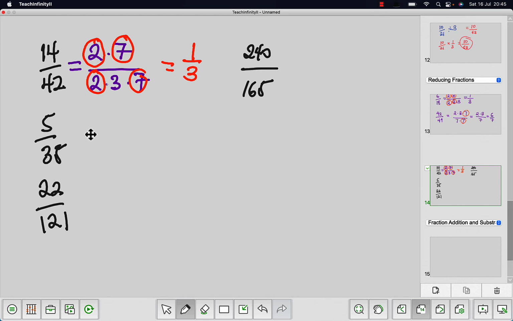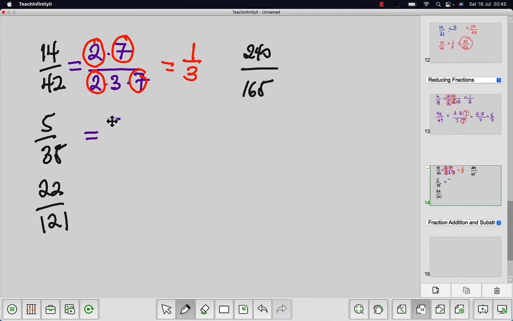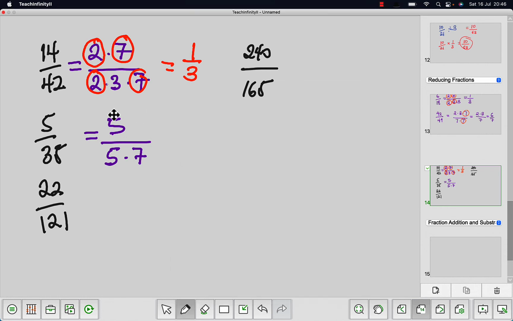Now, 5 is okay. 35 can be written as 5 times 7. And again, as you may remember, 5 and 5 here can cancel out, so you have 1 over 7.